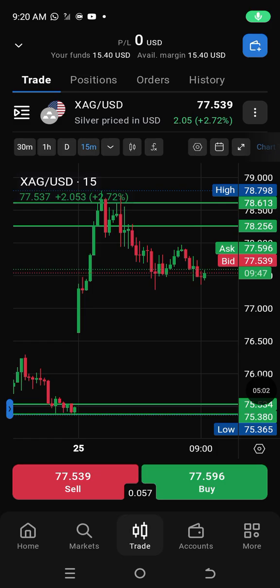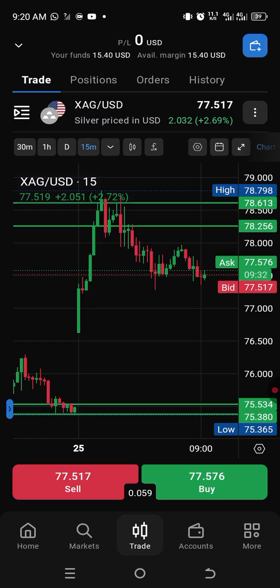All right, so this will be my setup. On the low, if you go on the low down there, there's a green candle at first. So I drew the lines on the second one, which is before the green candle, right? So we're on M15.